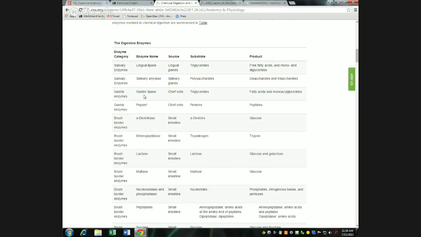So as soon as the lipids are emulsified in the small intestine, the lipase is there ready to do its job. And then it goes on to the next one, pepsin, which is a stomach enzyme for what do we call that? Protein. And then it goes into a number of different enzymes that have to do with small intestine function.